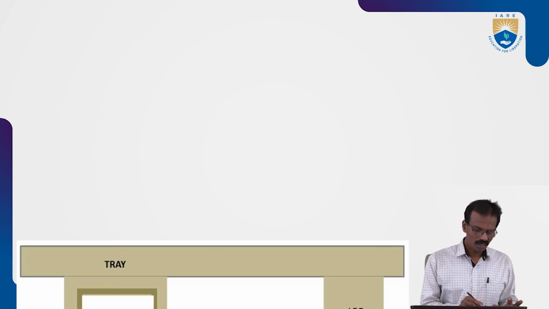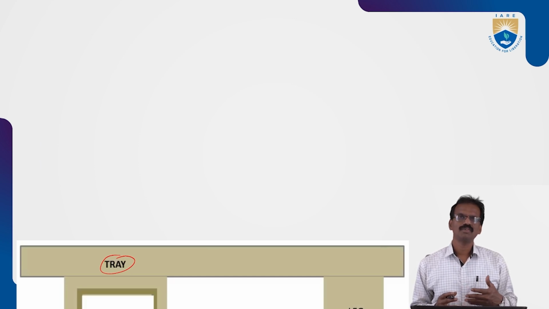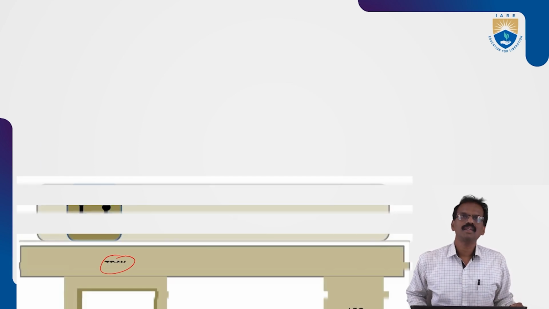The tray collects the chips, and it is also used to place the different tools which are used for the operations, like drilling tools or boring tools. We can place them here, and we can collect the chips, the unwanted material formed. That is the main advantage of the tray.